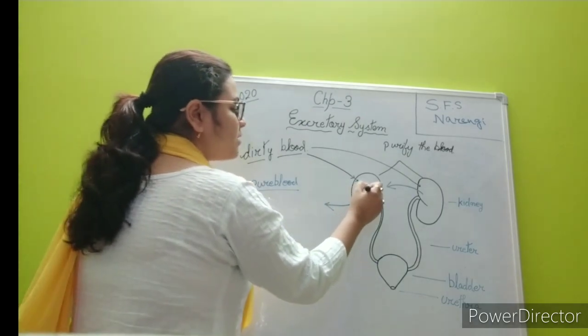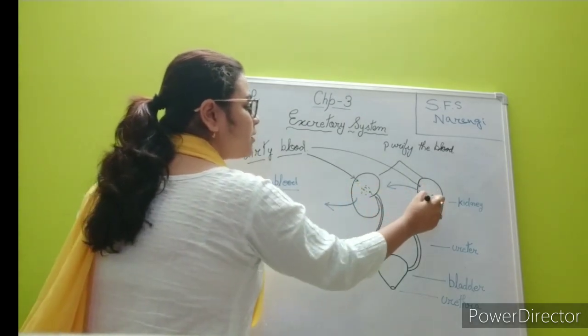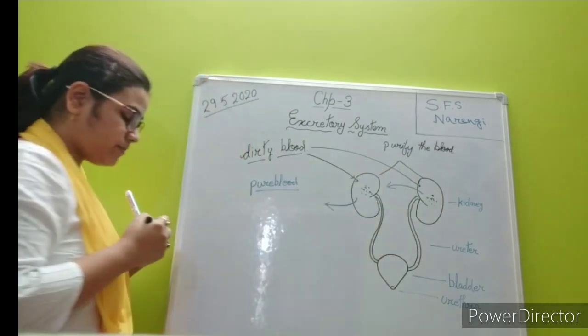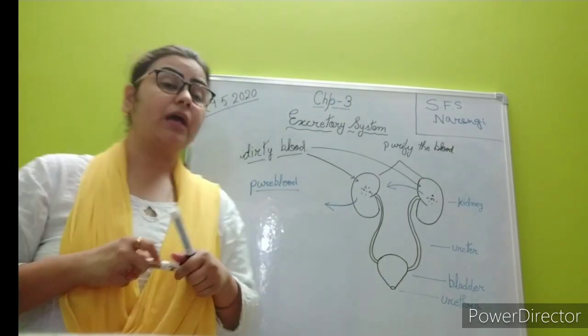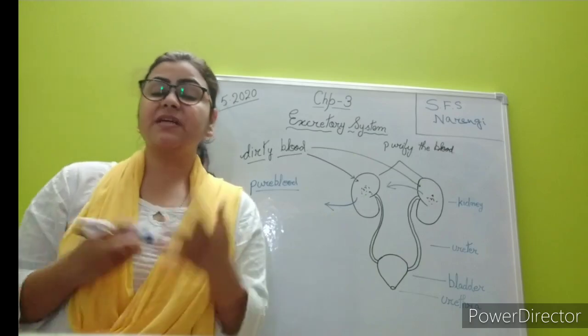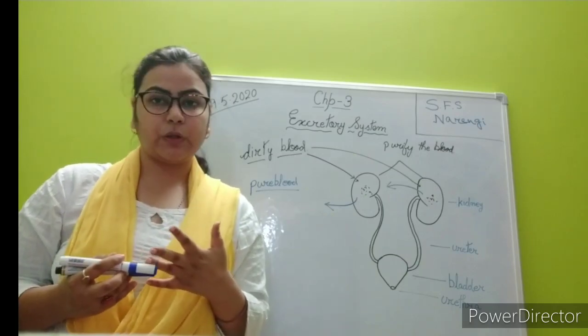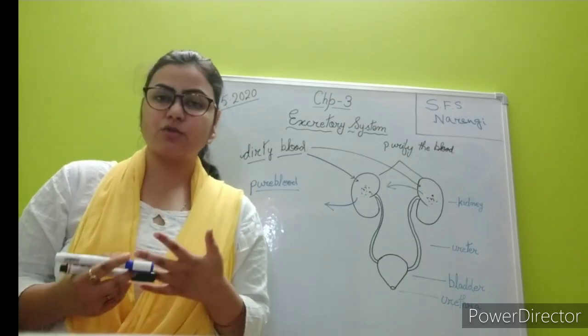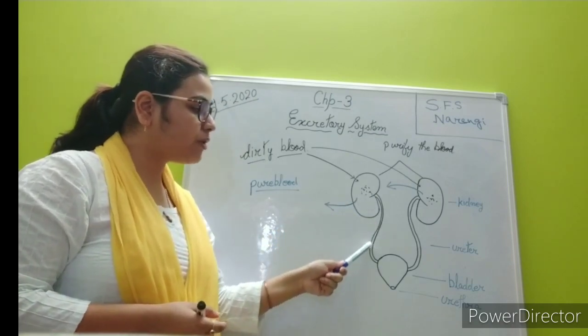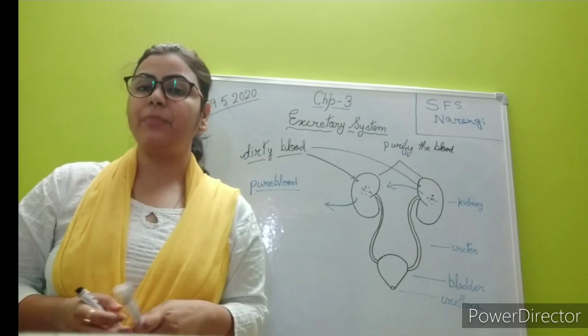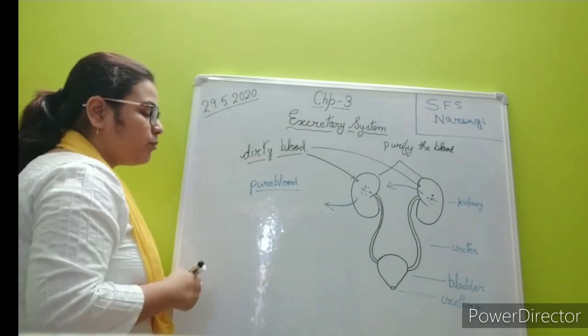Now, what is left back? The dirt is left back in the kidney. Now, this dirt mixes with the excess water, and it travels from the kidney through the ureter to the bladder. It moves where?